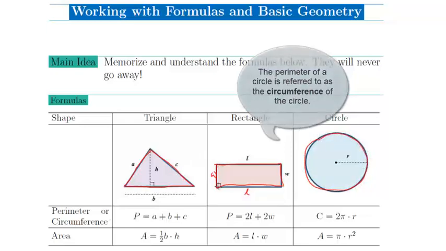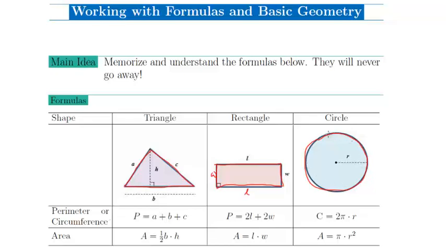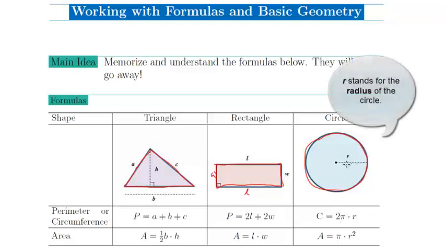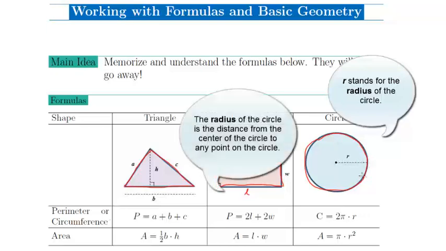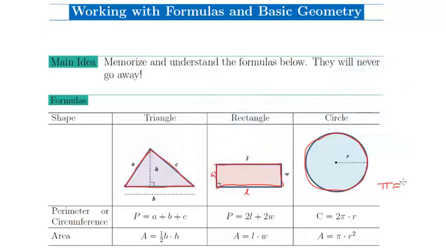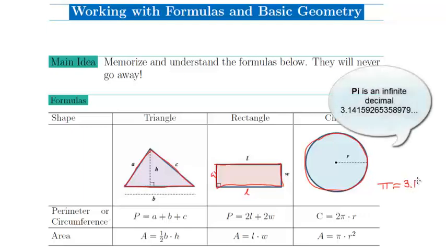Unlike a shape that has linear sides, we get the circumference of a circle by applying a special formula, 2 times pi times r, where r stands for the radius, which is the distance from the center of the circle to any point on the circle. Also recall that pi is the Greek symbol that we use to approximate the irrational number that goes on forever and ever. We use the approximation of pi being 3.14.